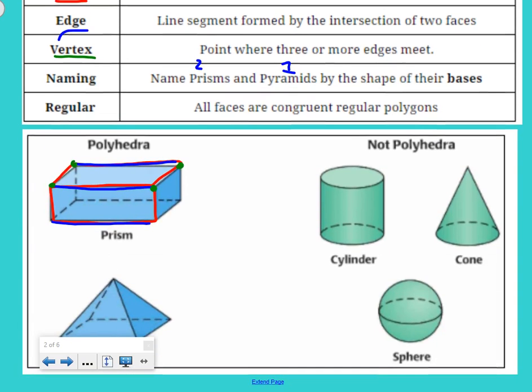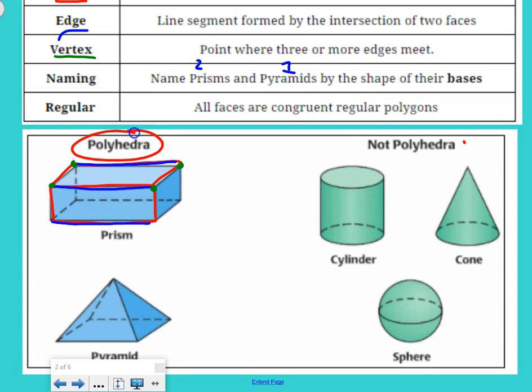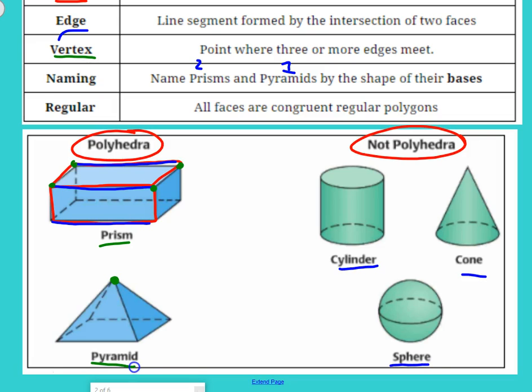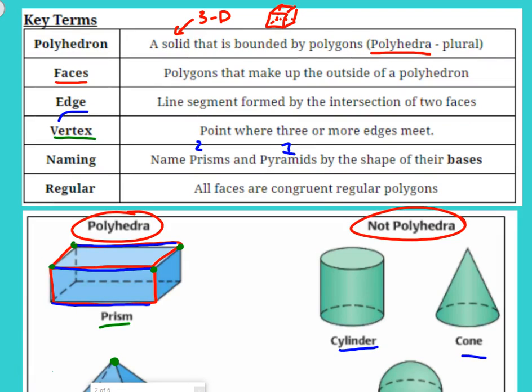If we look down here, we have two categories, polyhedra and not polyhedra. Our two main categories of polyhedra are prisms and pyramids. Pyramids come together at a top point, and prisms are more like a box shape. Not polyhedra are cylinders, cones, and spheres, because our definition, if we look back up here, is a solid that's bounded by polygons.